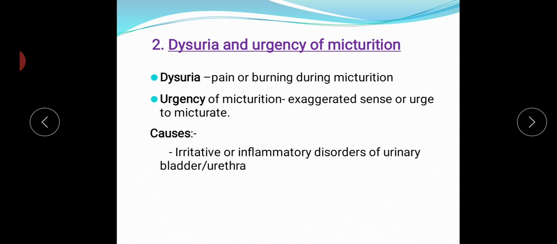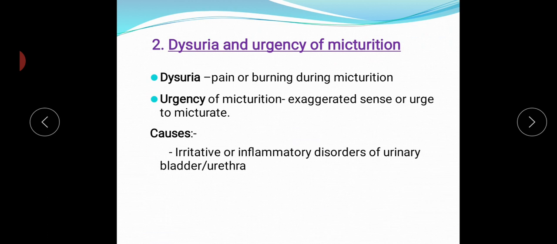Then the second symptoms are dysuria and urgency of micturition. Dysuria means pain or a burning sensation during micturition. Urgency means an exaggerated sense or urge to micturate, even though the bladder is not completely full, there is an urge to go for urination. The most common causes of dysuria or urgency are inflammatory or infective conditions within the bladder or the urethra.